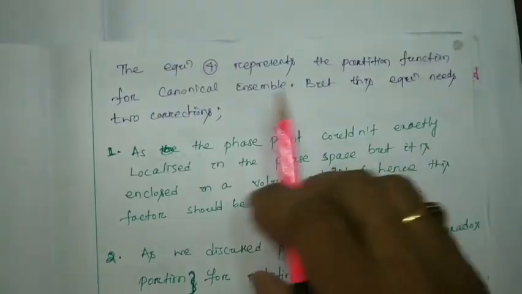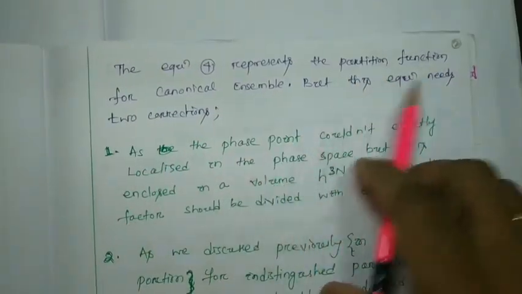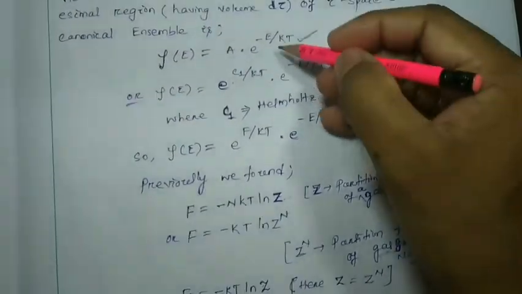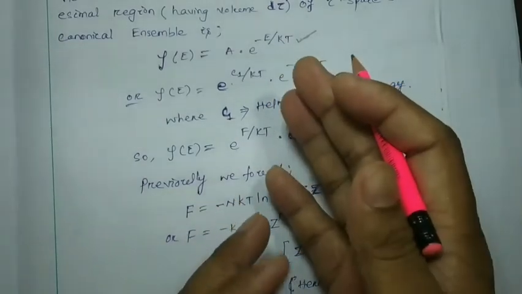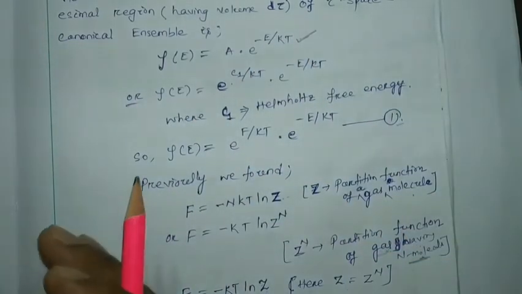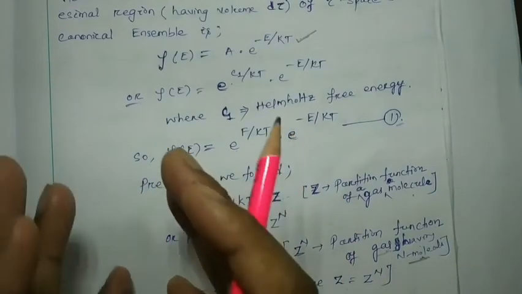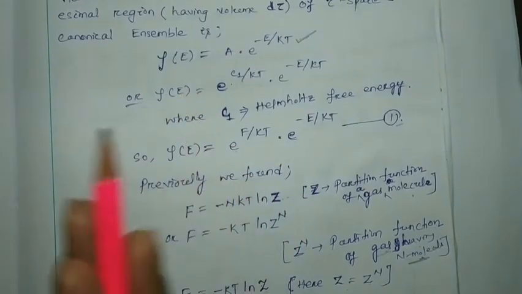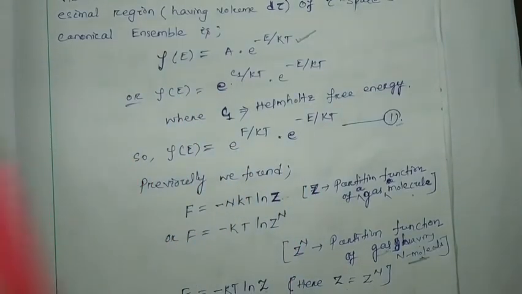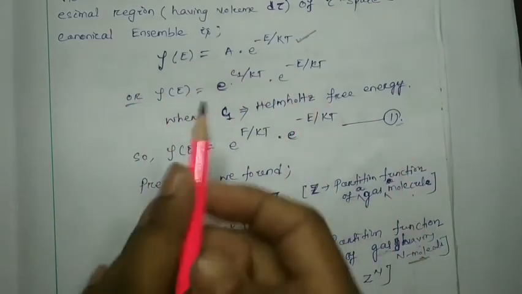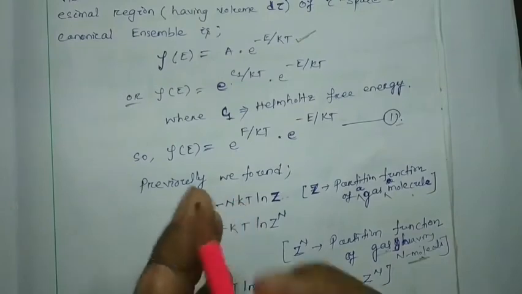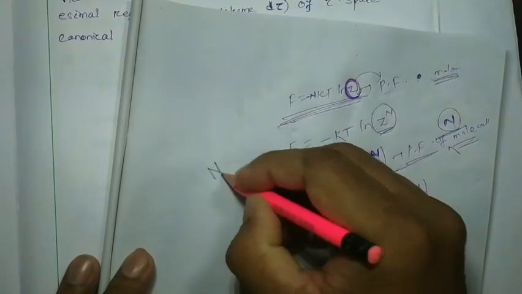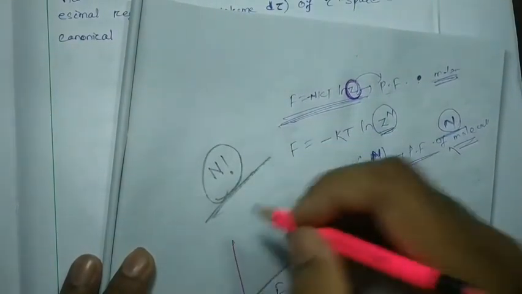The equation number 4 represents the partition function for the canonical ensemble, but this equation needs 2 corrections, because whatever expressions we have considered here are for distinguishable particles. Previously, in the case of the Gibbs paradox and the microcanonical ensemble, we found that whenever we consider the universal entropy, we have to divide by the factor n factorial. The partition function has to be divided by n factorial.